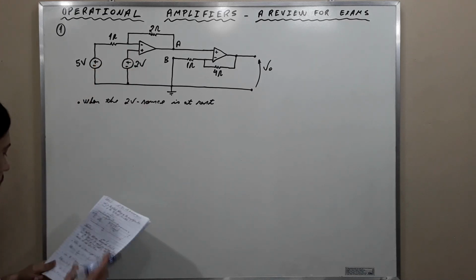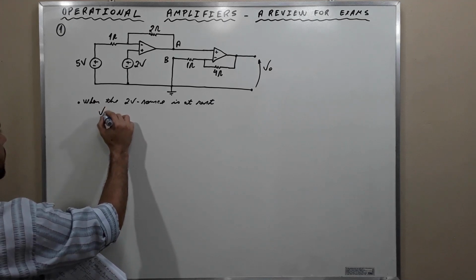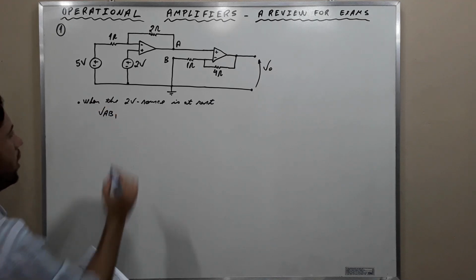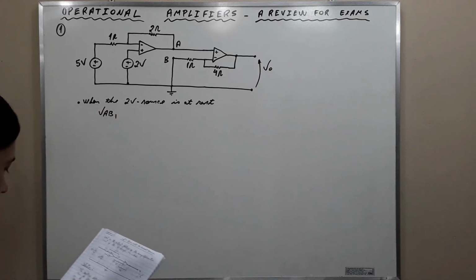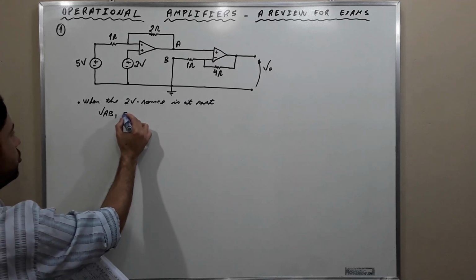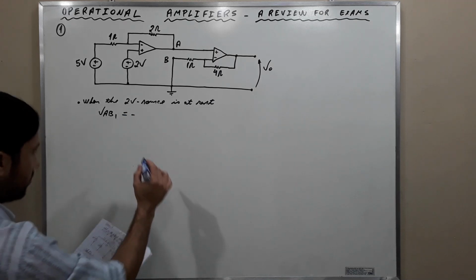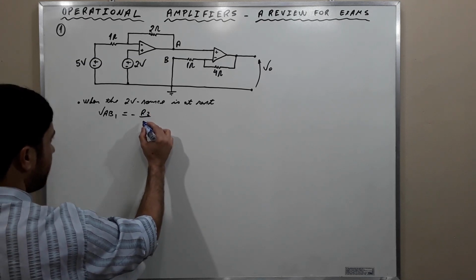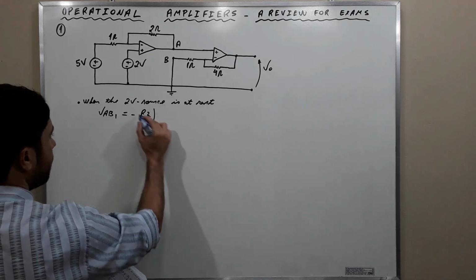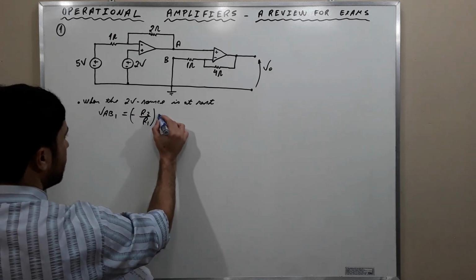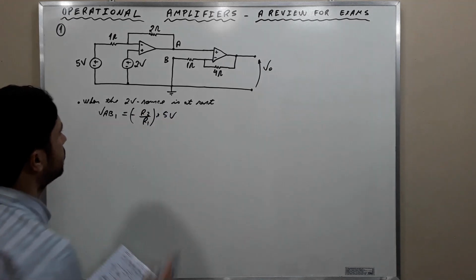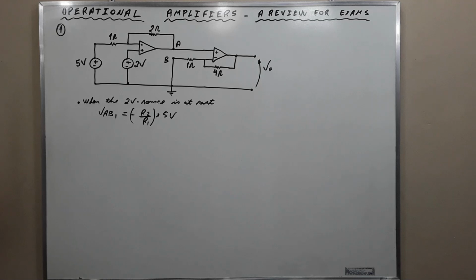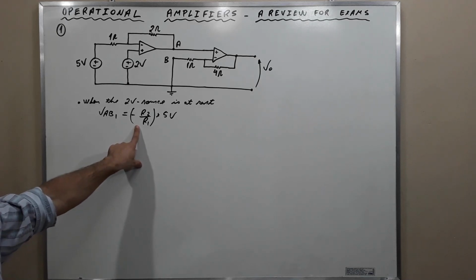Then VAB1 is equal to negative R2 over R1 times 5 volts, okay? Why this?